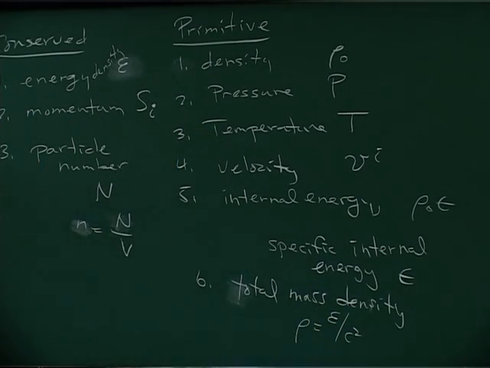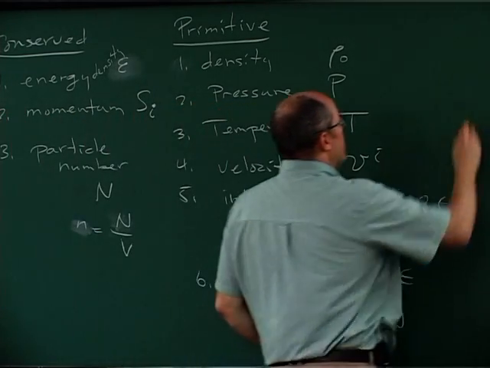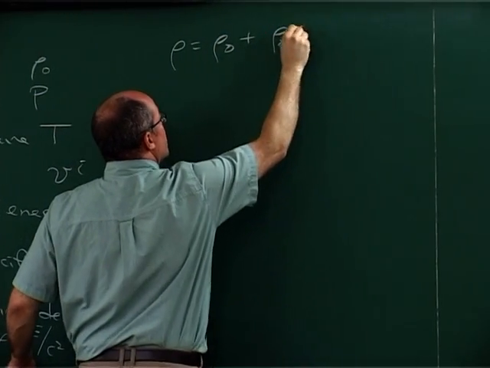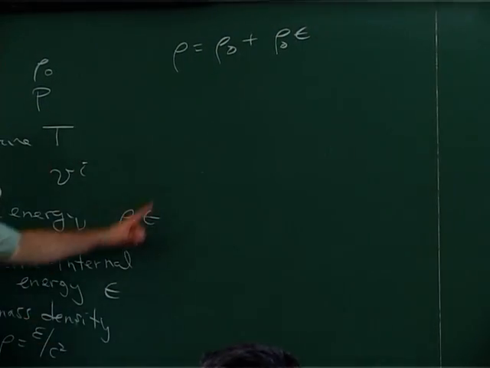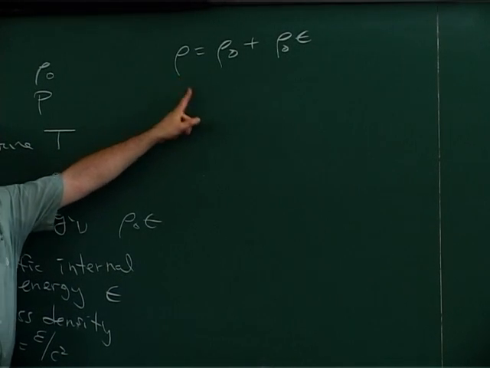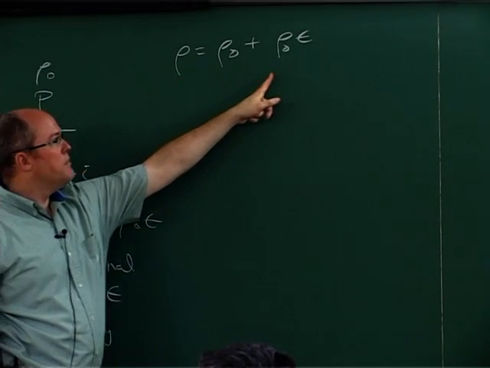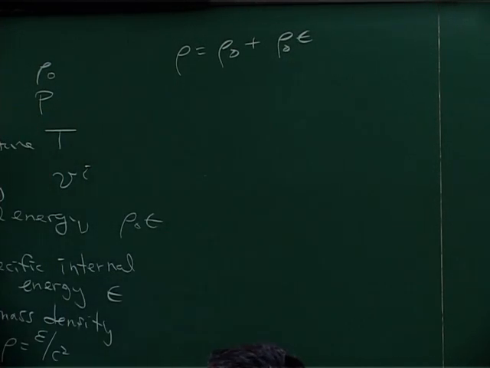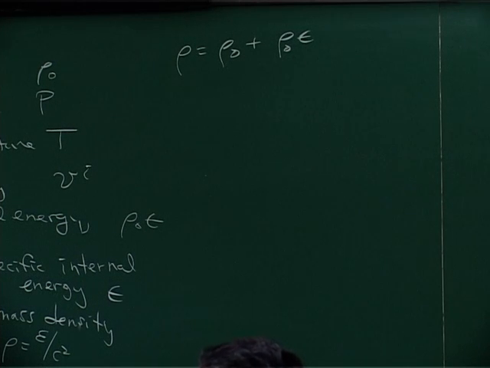That gives me an effective total mass density. And then I'm going to say that rho is rho naught plus rho 0 epsilon. So total mass density is equal to the rest mass density plus the internal energy density. So those are the sums of variables here that make some of this confusing.